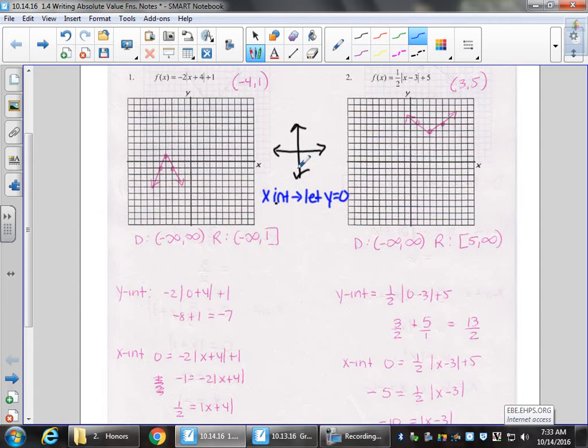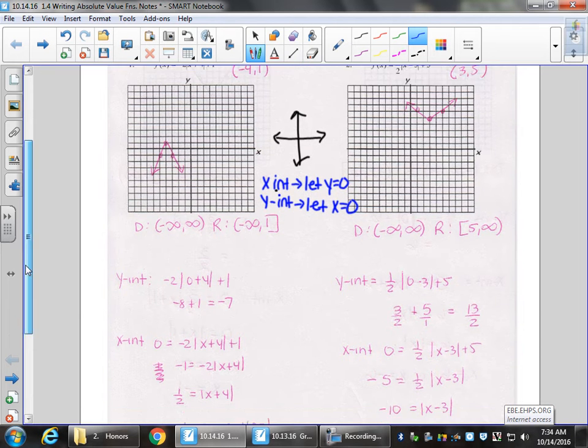Now think, if I want something on the y-axis, which would be a y-intercept, what do you not want to have? Right, x has to be what for your point to sit right here? So for the y-intercept, let what be 0? And that's what this is showing you.